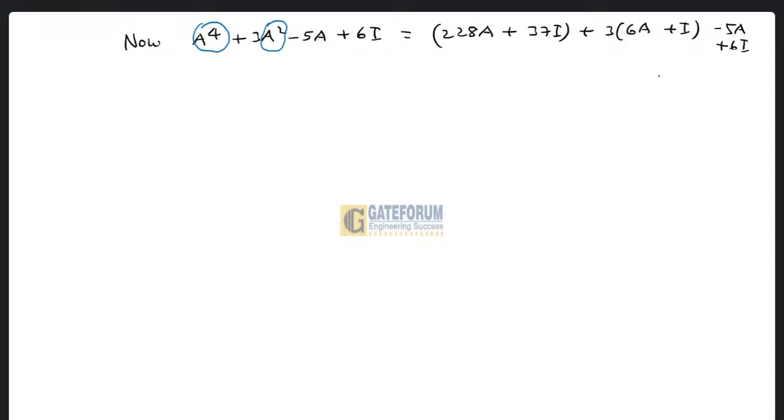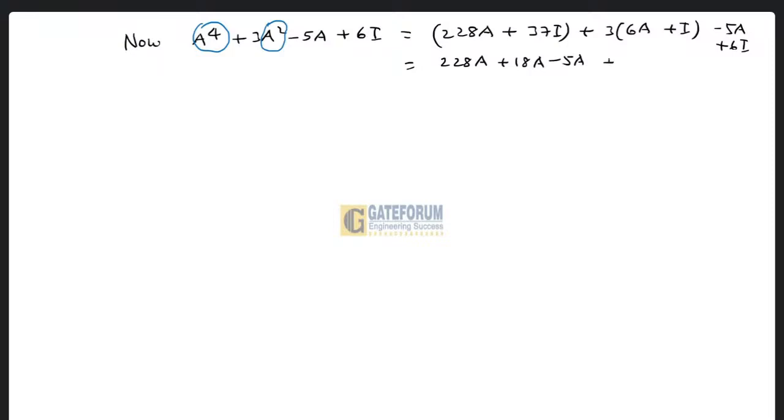Without calculating A square and A power 4 by ordinary matrix multiplication. Now 3 times 6 is 18A. 228A plus 18A minus 5A, like terms.